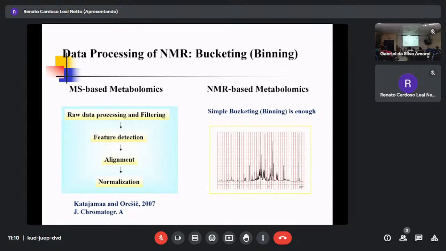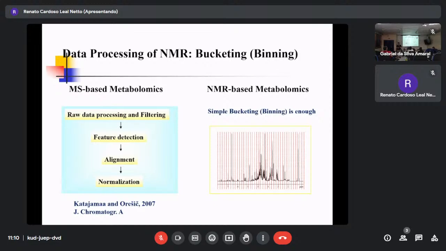Instead of each signal warping, I don't care, as long as you change within this range. So that's why NMR is bucketing and binning all together. But this size is very important, because if you have a very narrow bucket size, sometimes the signal goes over the bucket size, and then you have wrong information. So many people use 600 megahertz, 0.2 ppm, or sometimes 0.4 ppm.